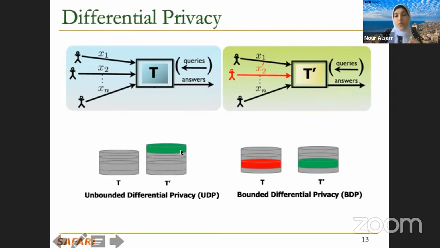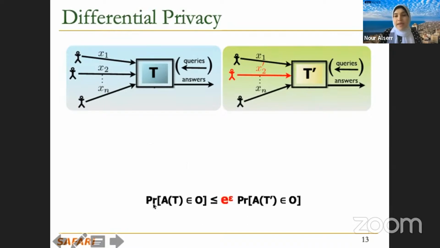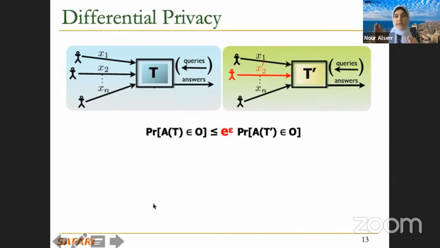If one of them has one extra row, then we call it unbounded differential privacy. Now, again, the main idea here is that the probability of having an answer from T and the probability of having an answer from T bar will differ only by a bounded multiplicative factor, shown here as e to the power epsilon. So simply, what's e to the power epsilon?